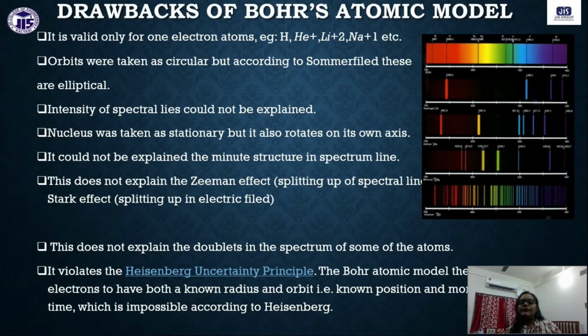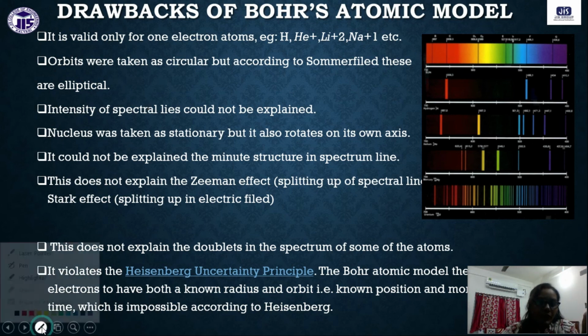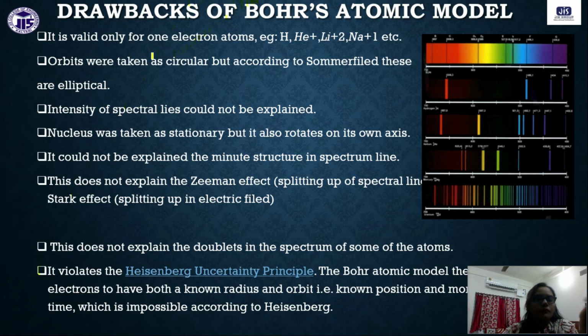Now we will see what are the drawbacks of Bohr's atomic model. The first drawback is that it is valid only for one electron systems, like hydrogen, He plus, lithium plus. Next, orbits were taken as circular, but according to Sommerfeld, these are elliptical.